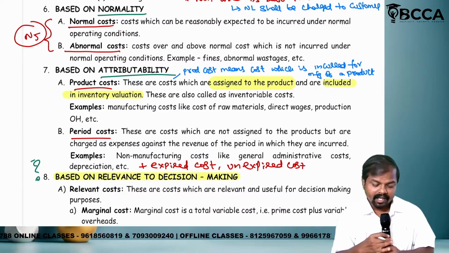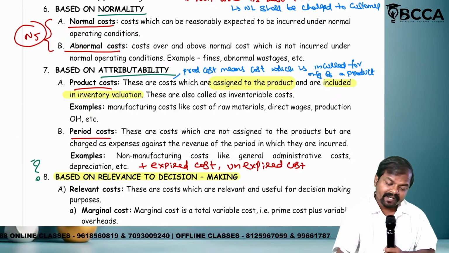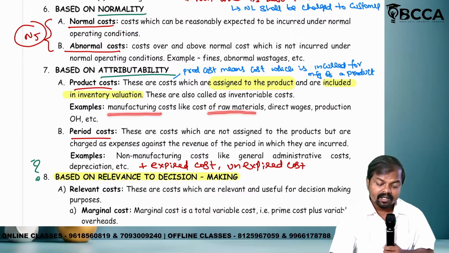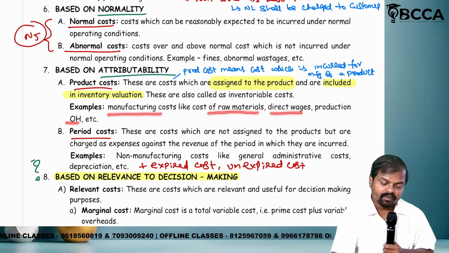Clear? Next, what are the examples given in the textbook? Manufacturing cost, like cost of raw material, direct wages, production overhead.